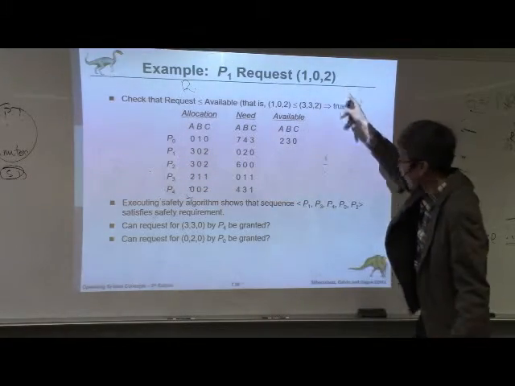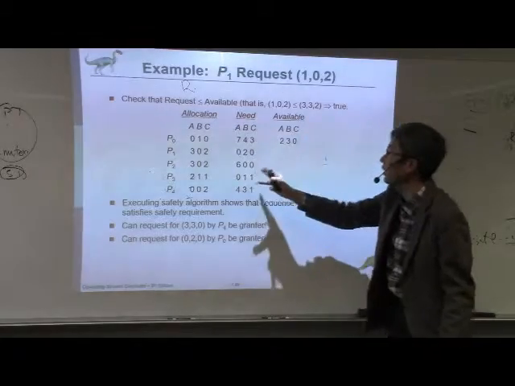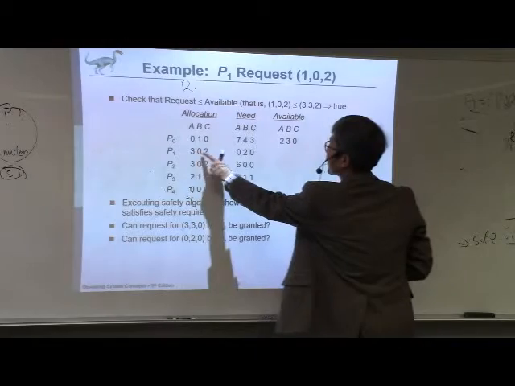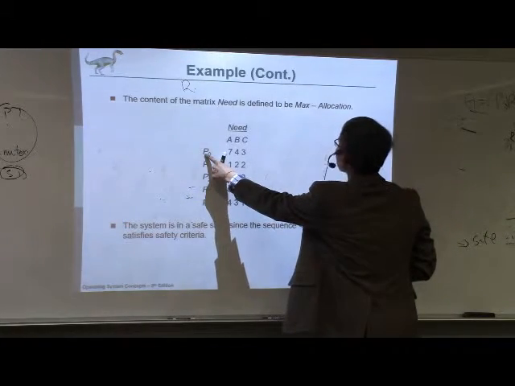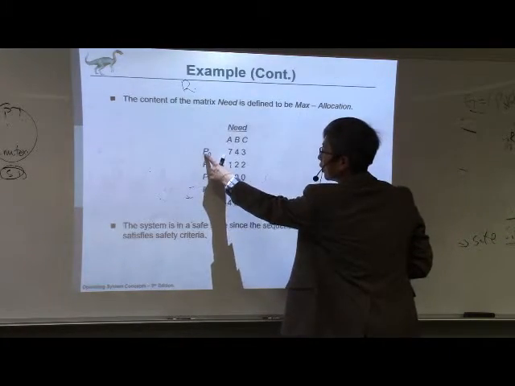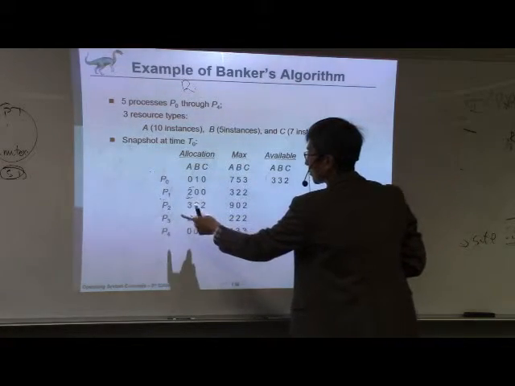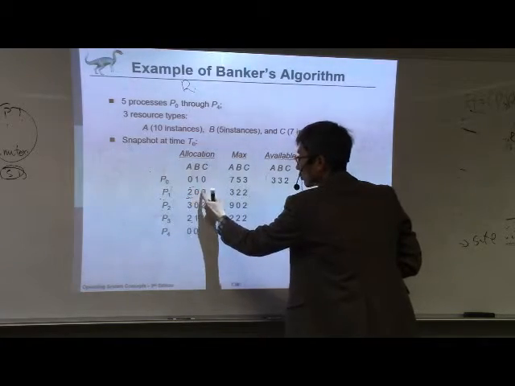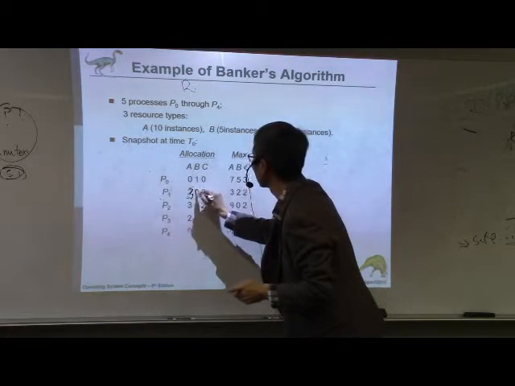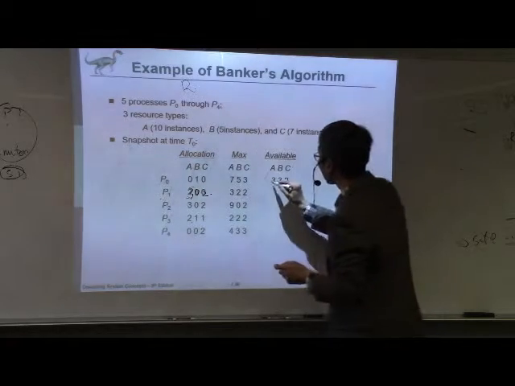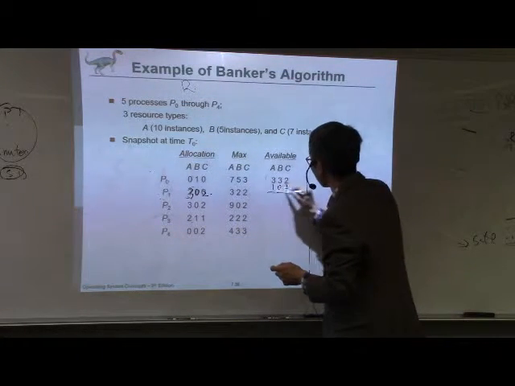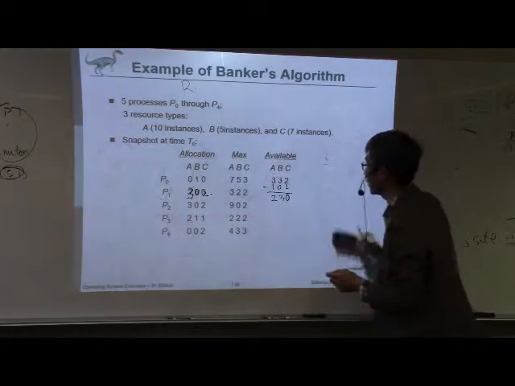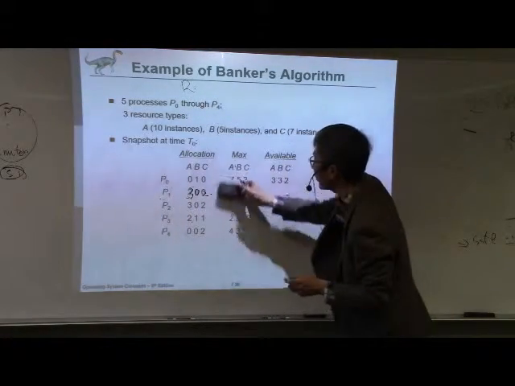Assume that this request is granted, then the available resources will change. So 3, 3, 2 minus 1, 0, 2 gives 2, 3, 0. This will be the new available.